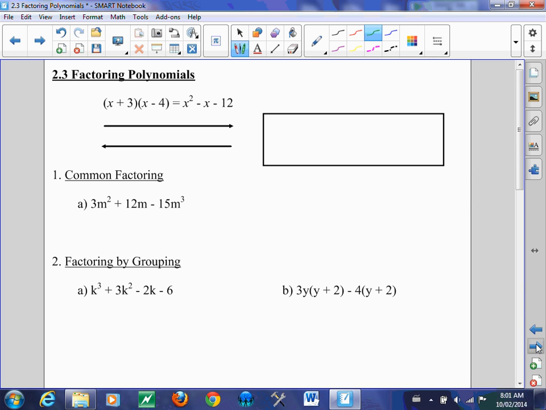All right, so ladies and gentlemen, 2.3 factoring polynomials, and in many cases we're dealing with two different types of operations. When we take something that's factored and we expand it out, we call that expanding.